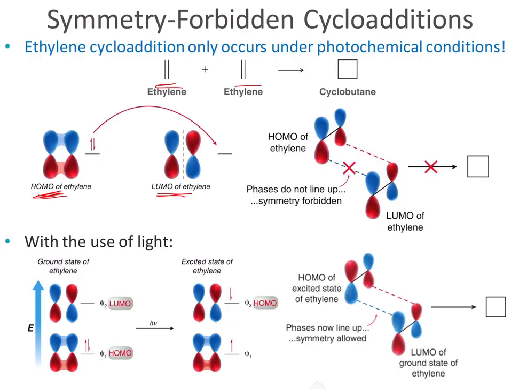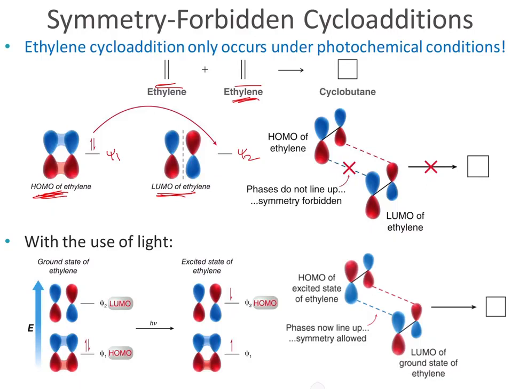So if we take the HOMO, this is like psi 1, and the lowest unoccupied is going to be psi 2 for this one. So we expect this to occur.